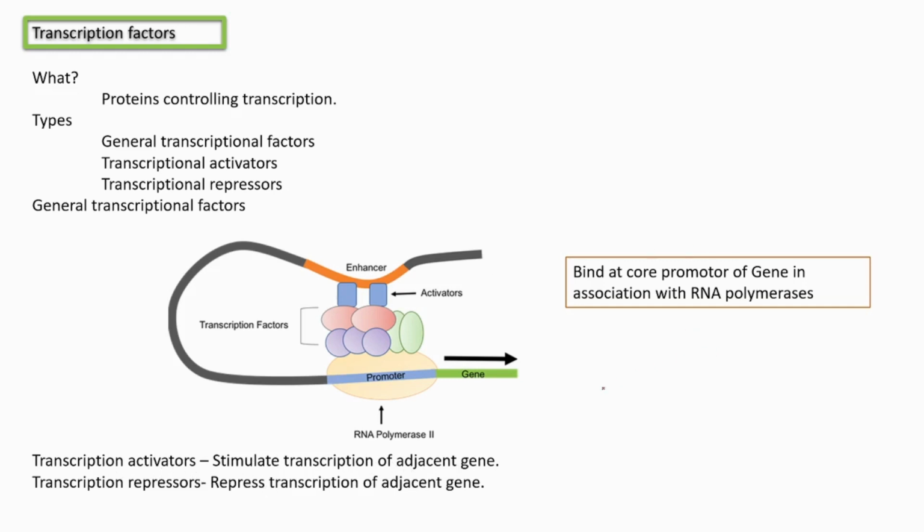So suppose this is the gene and this is the transcription factor; it binds, and then it can activate the transcription of its adjacent gene. That is transcriptional activators. Then transcriptional repressors: as one binds at a position near a gene, it suppresses the transcription of its adjacent gene.